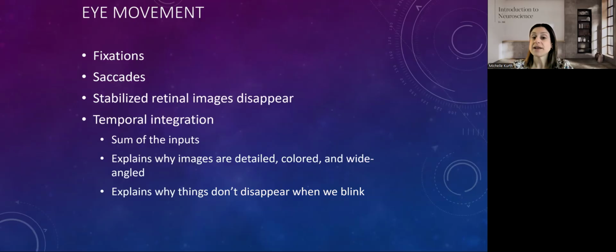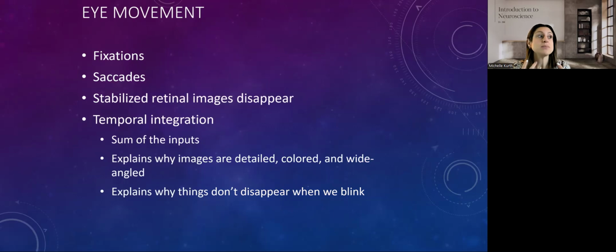Once it's on its path, there's really nothing you can do. Eye movements essentially keep the visual image in continual motion on the retina. The importance of this movement is illustrated by the fact that stabilized retinal images disappear, and most visual system neurons respond to change and not steady input.